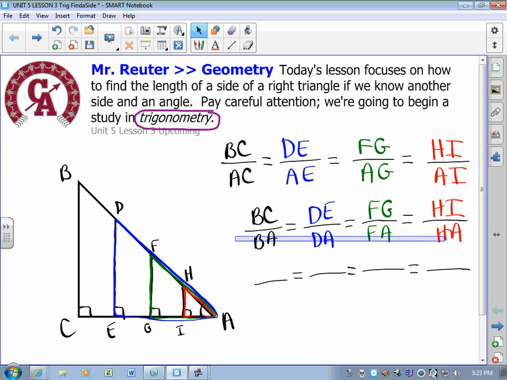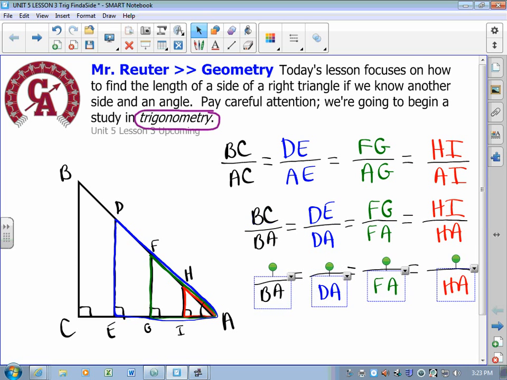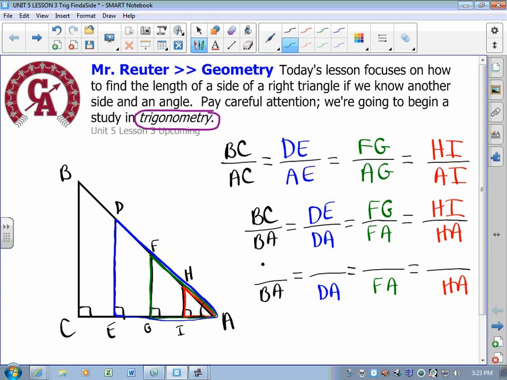For that matter, we can take those four and compare them with bottoms: AC, AE, AG, and AI. Because in all of those triangles, the ratio of the horizontal segments to the hypotenuse is going to be the same.